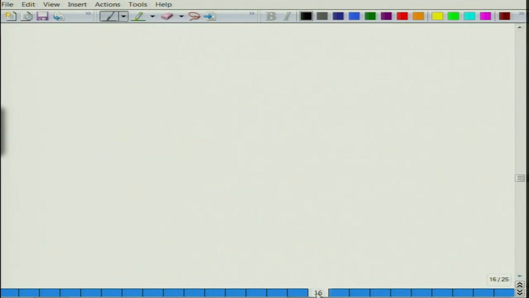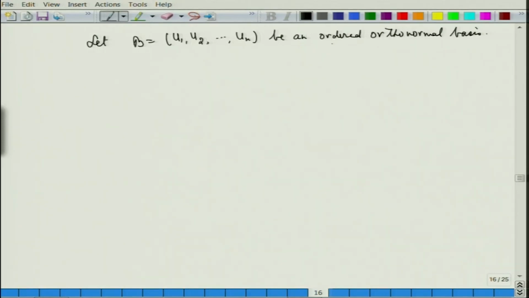Something more. Let u1, u2, up to un be an ordered orthonormal basis. Ordered orthonormal basis means ordering is there, and each ui has length 1, and the inner product of ui with uj is 0 for i not equal to j.